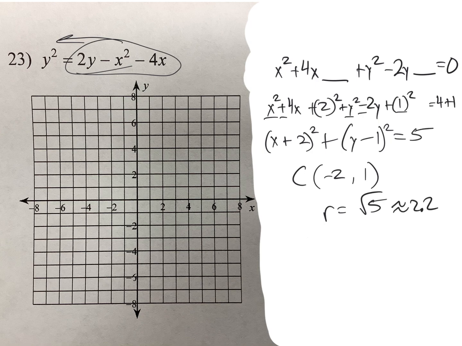So just over 2 blocks. So graph at negative 2, 1, and put your dots just over 2 blocks away. And then connect them.